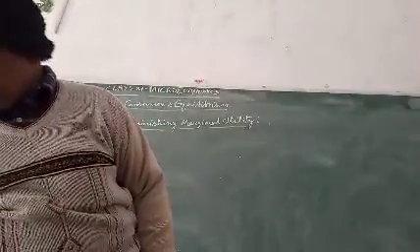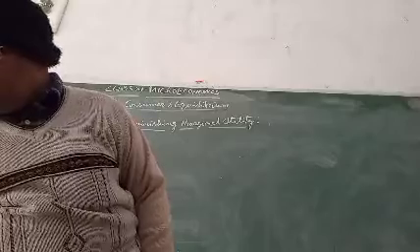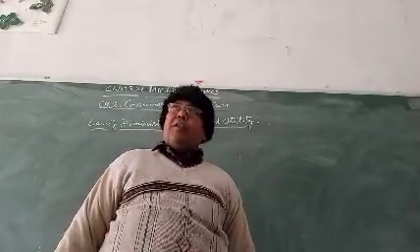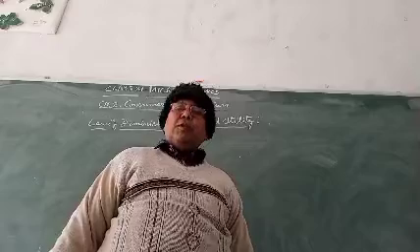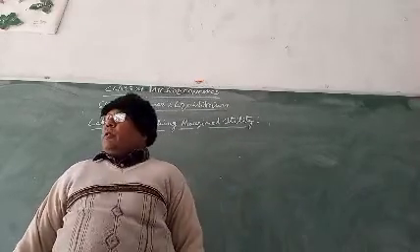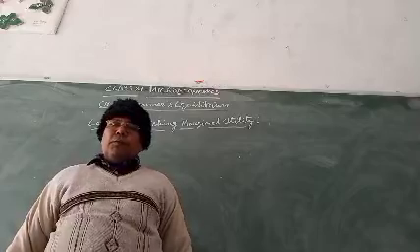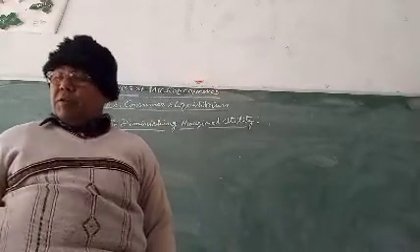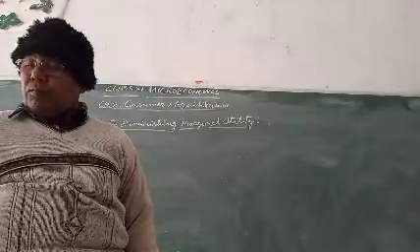The fourth assumption is that the marginal utility of money remains constant, and the fifth is fixed income and price. These are the five assumptions you have to make while considering the law of diminishing marginal utility.